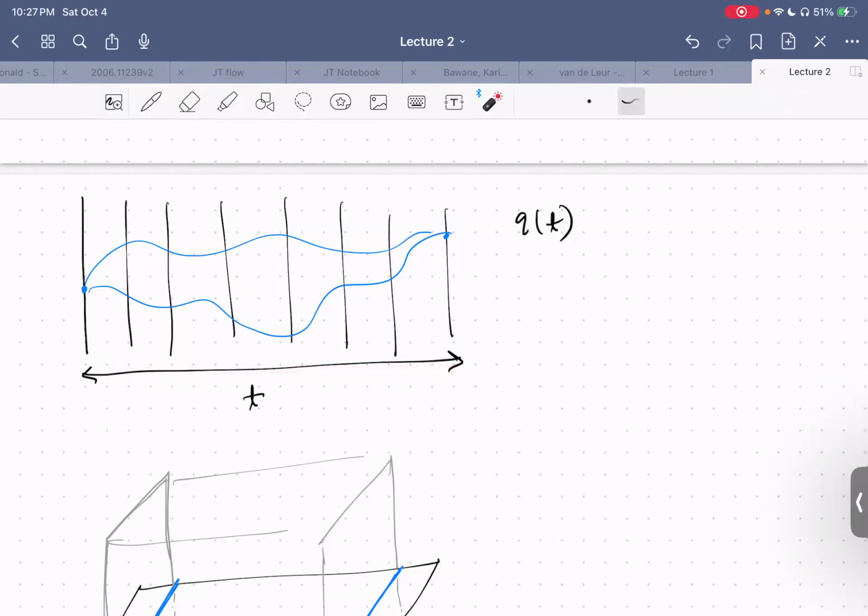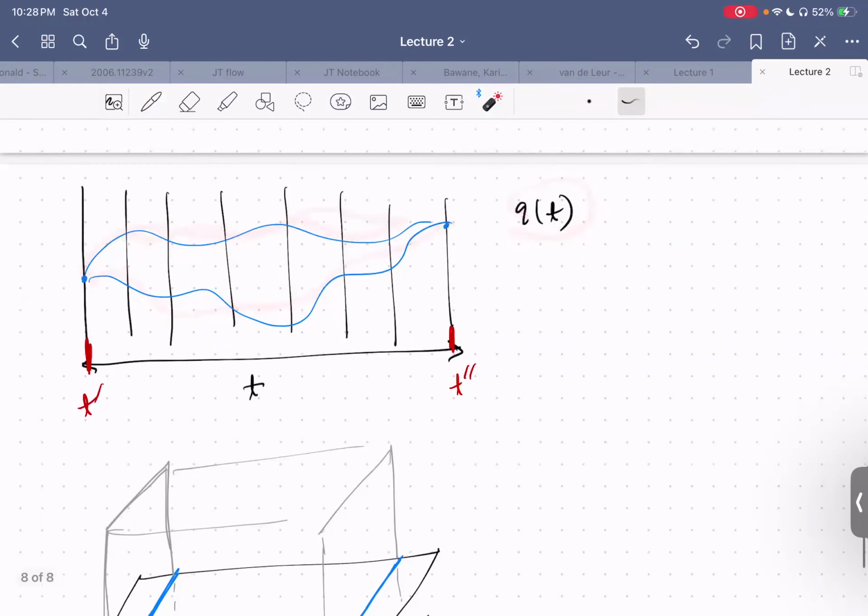At some initial time t prime, and at some final time t double prime, this takes some specific value, right? That was our boundary condition. But in between, we allowed all possible values of these things, and that gave us all these paths.